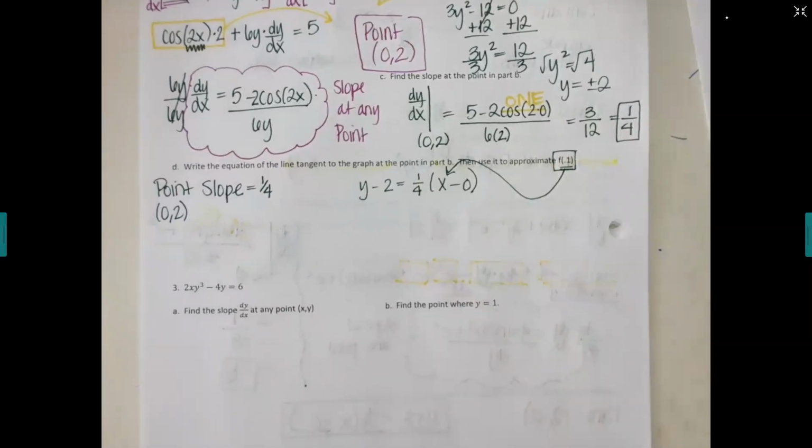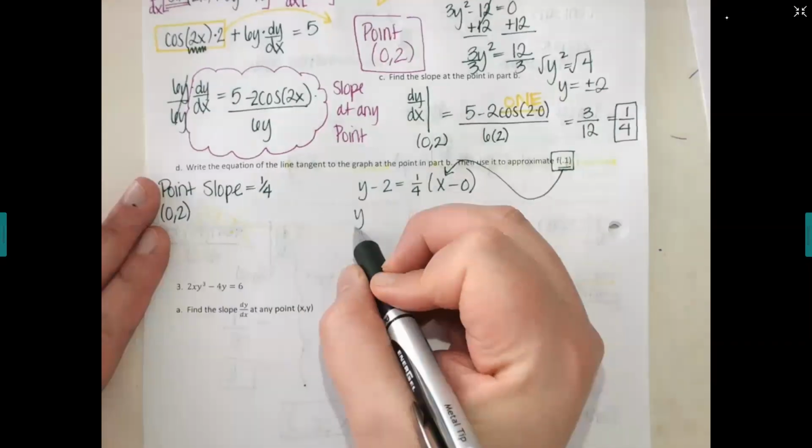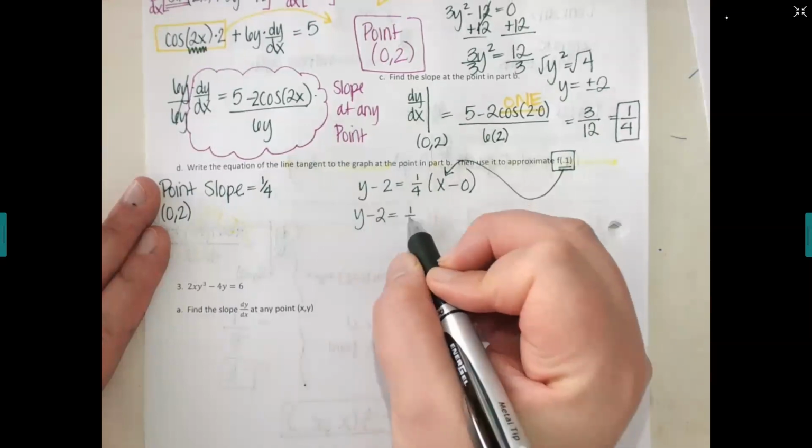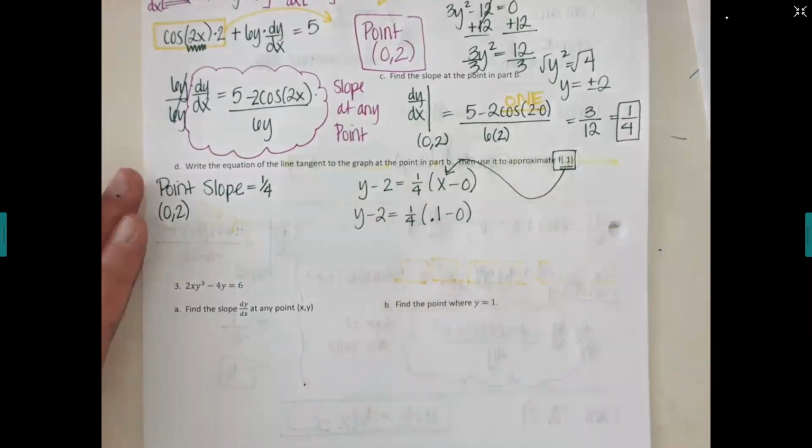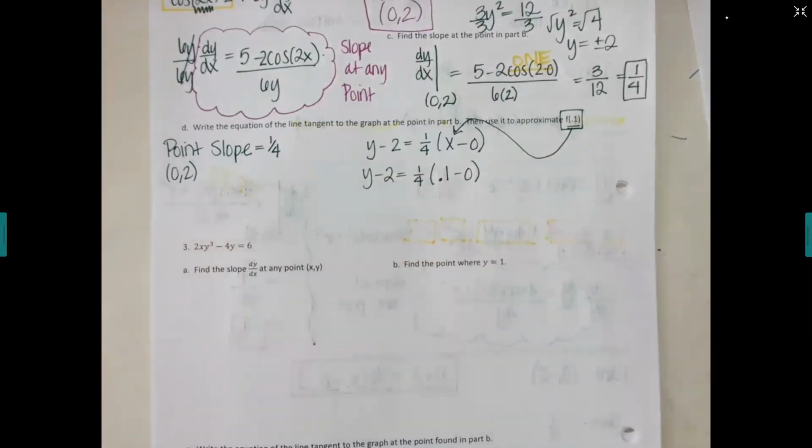So if they're asking you to find f of 0.1, then you're just going to plug 0.1 into your x. So I have y minus 2 equals 1/4, and this is now (0.1 minus 0). So not only are we writing the equation of the tangent line, but now we're using it to do an estimation. We're just plugging that value in.